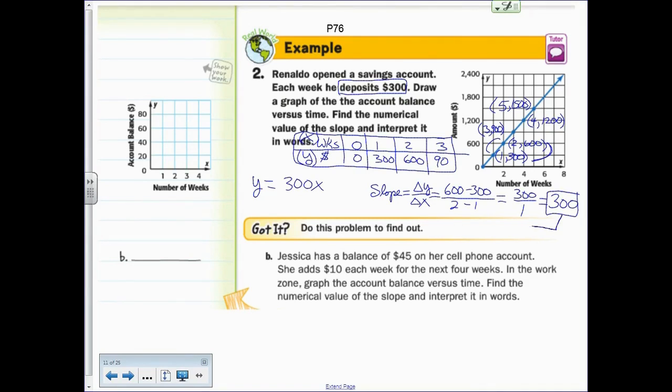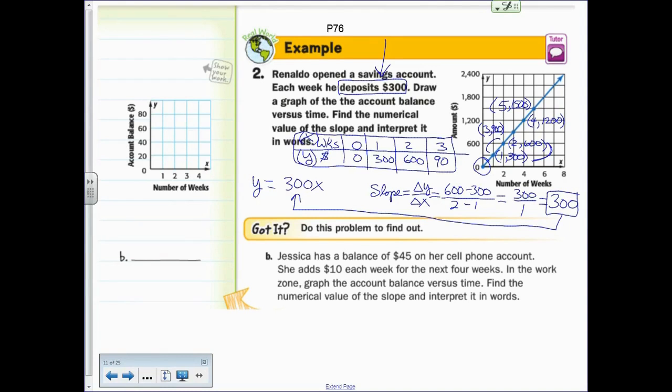Notice that the slope is the same as the unit rate, $300 per week, that we were given in the original problem. But also notice there is no constant in this problem. Notice that this situation is proportional. The line drawn goes through the origin.